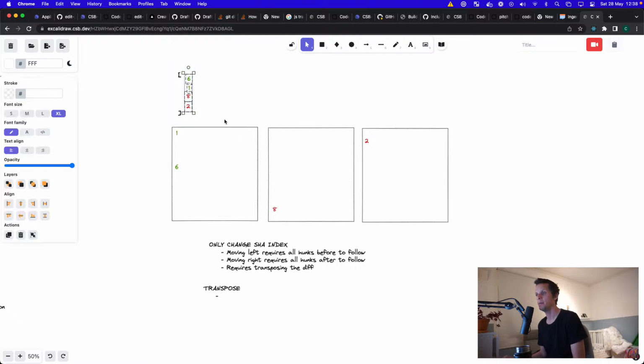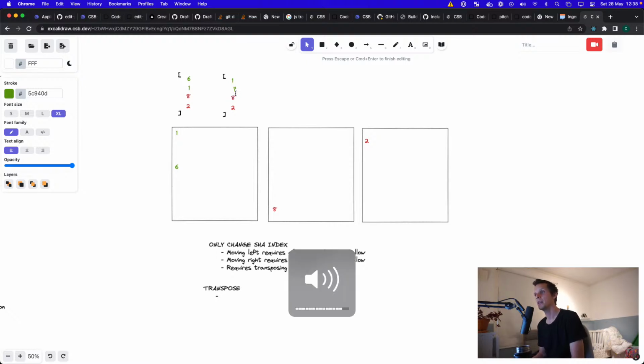And what needs to happen is that we go through the array, and we actually have to change the actual position of the thing so that this now becomes 1. We'll shove that in before, which means that we have to transpose this to 7 as this was an addition.